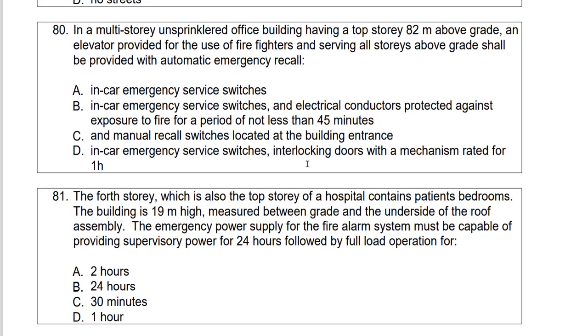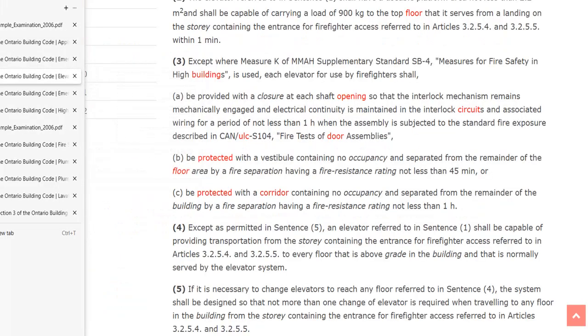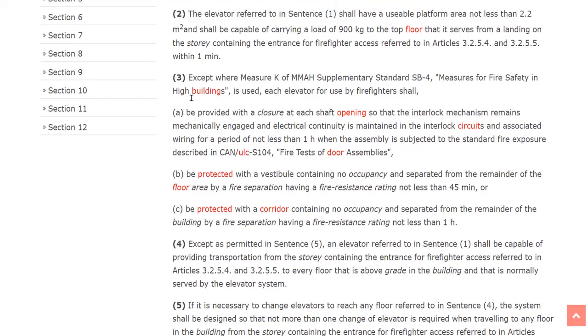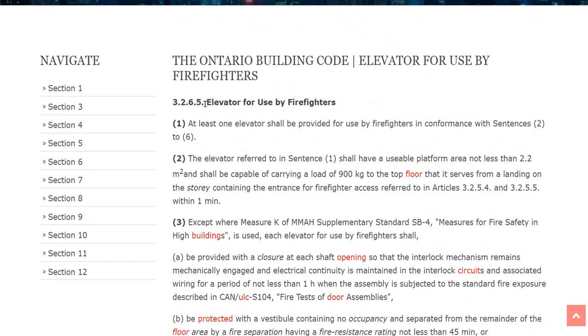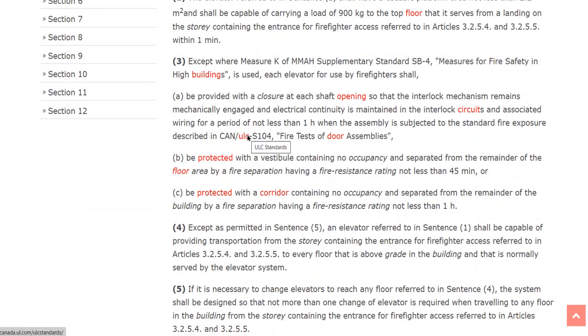Interlocking door with a mechanism rated for 1 hour. Well, we do know that in a high-rise building, since it's unsprinklered, the shaft needs to be fire separated. And if you're going to have an opening in your shaft, then you're going to need to fire rate your door. So what do you think will be the fire rating of that door? It's 1 hour. In order to get that answer, you're going to have to look at 3.2.6.5. It's a little tricky in this question. Be provided with a closure.